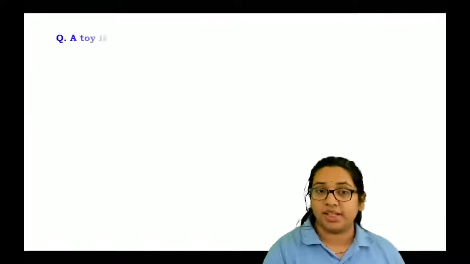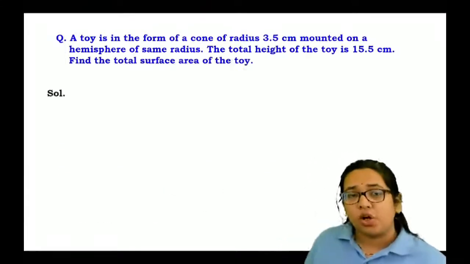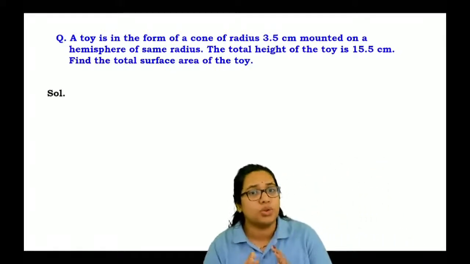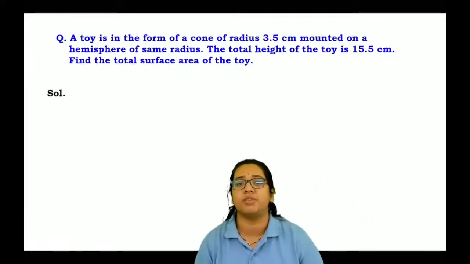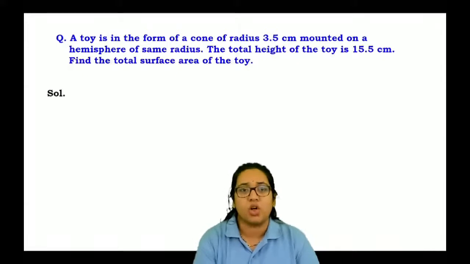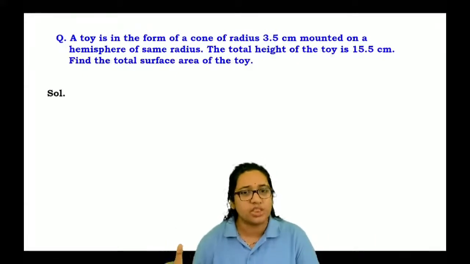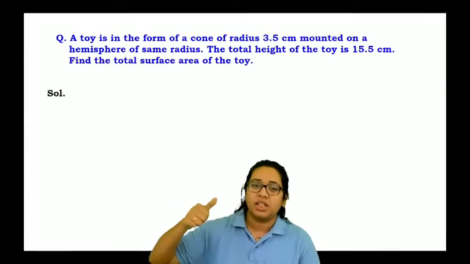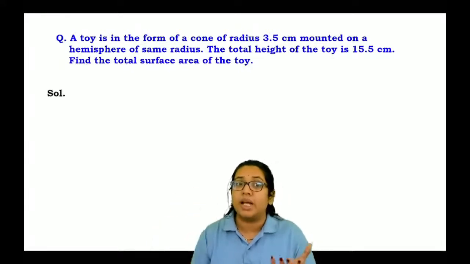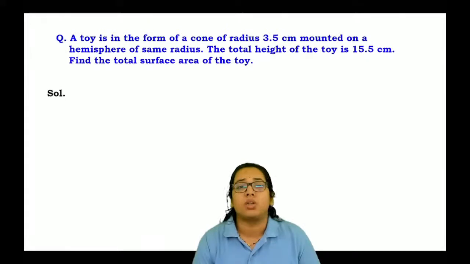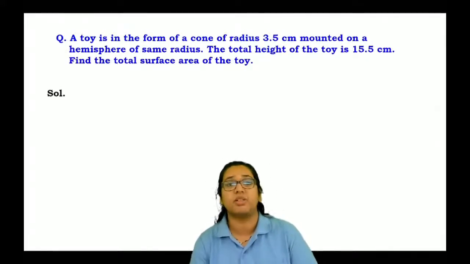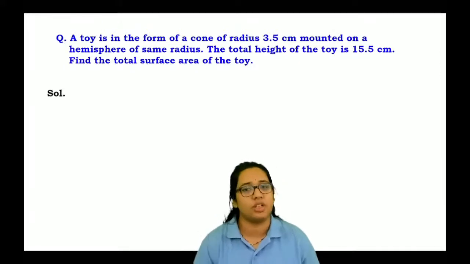See. The next question is, a toy is in the form of cone of the radius 3.5 centimeter mounted on a hemisphere of the same radius. Means in this question we have to consider something related to cone and hemisphere. The total height of the toy is 15.5 centimeter, then find the total surface area of the toy.